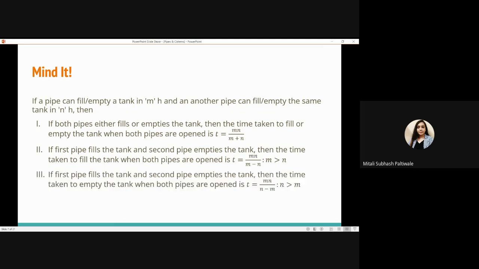So if the first pipe fills the tank and the second pipe empties the tank, then the time taken to empty the tank when both pipes are opened is T is equal to mn by n minus m. Wherein, as I was telling you, the second pipe would be taking less time than the first one, so it will just empty the tank rather than filling it with something.